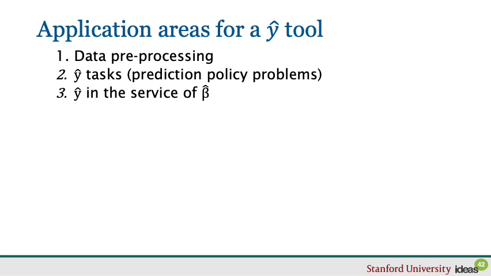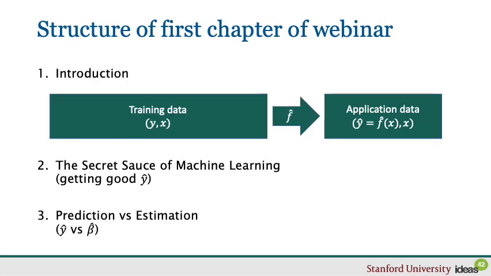So with that, let me wrap up the webinar that I presented. Here's what I did. I first motivated this webinar by saying machine learning is amazing at prediction, and also prediction solutions actually provide a lot of value in modern machine intelligence tasks. Second, I asked the question how we can get good predictions and what machine learning does to get there.